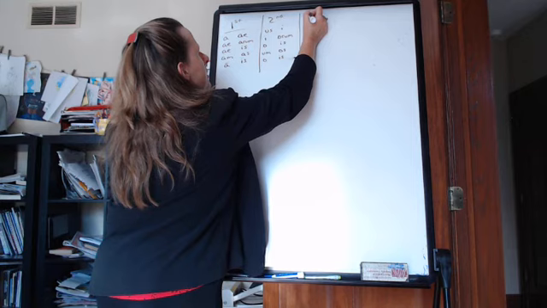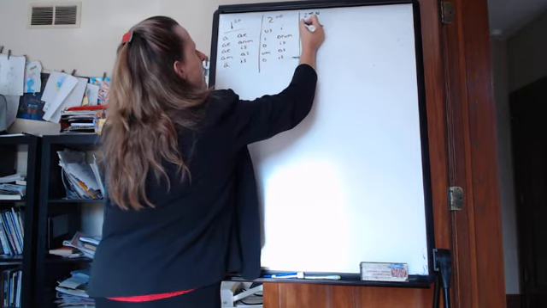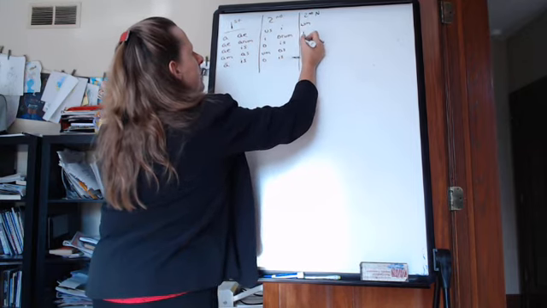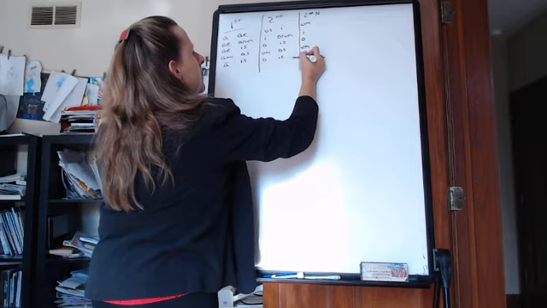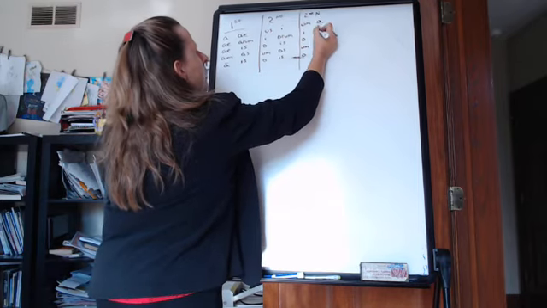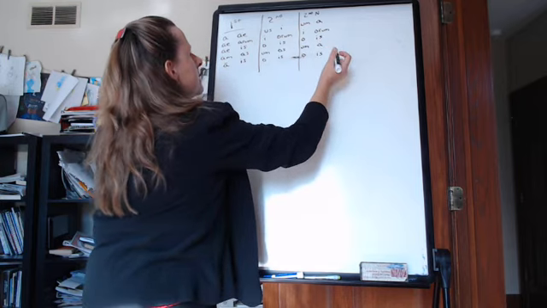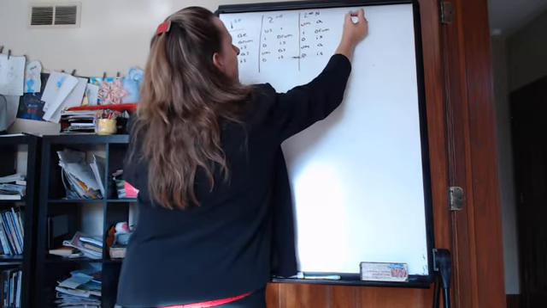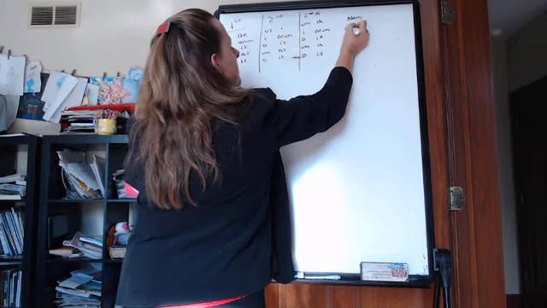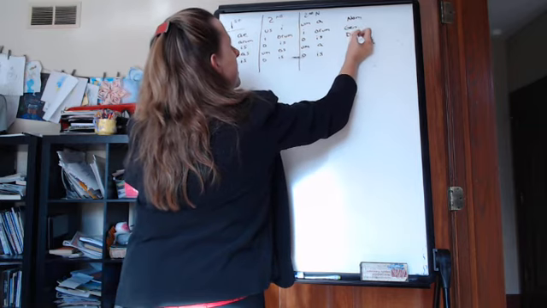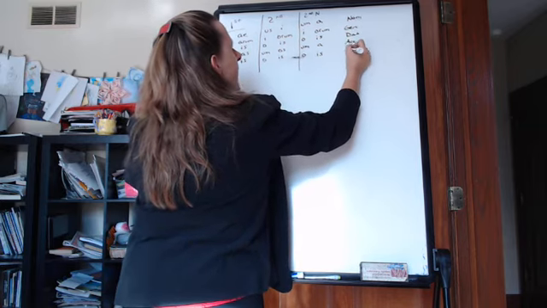Second declension neuter: o, orum, is, is. Cases: nominative, genitive, dative, accusative, ablative.